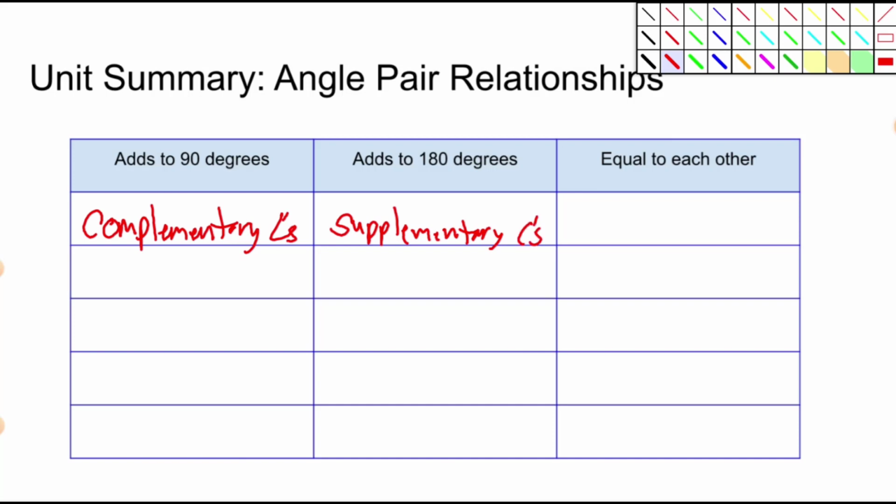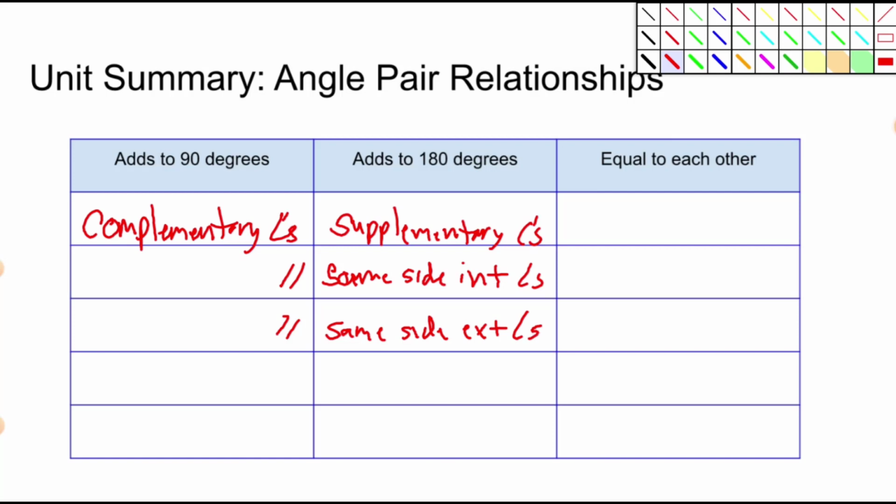But there were other things now. We just learned two more, literally right now. So we should also know the same side interior angles. Those will add up to 180, but we have to have parallel lines. So that only works if we have parallel lines. And the other one, if we have parallel lines, is the same side exteriors.